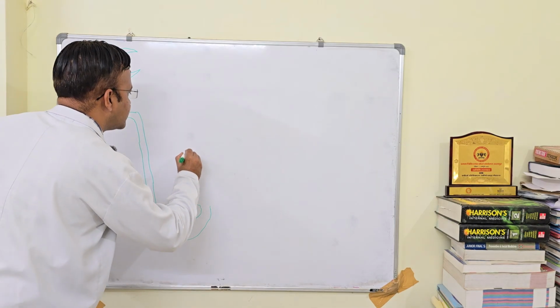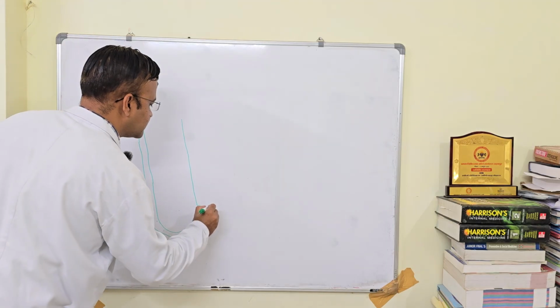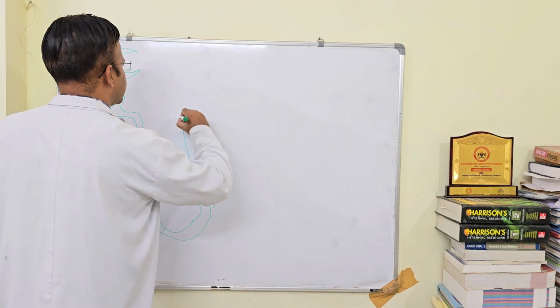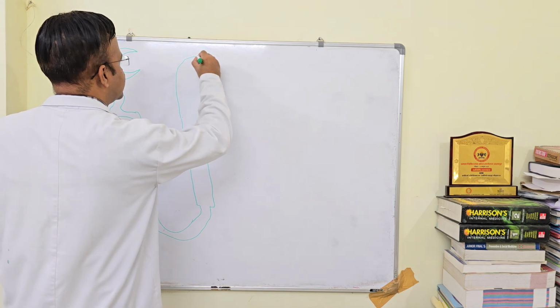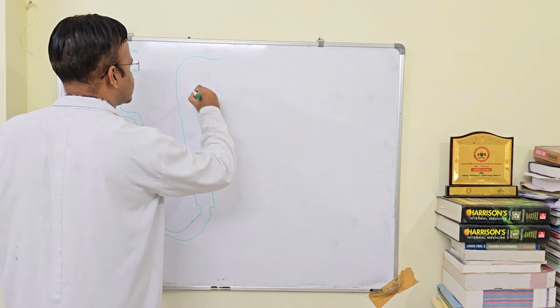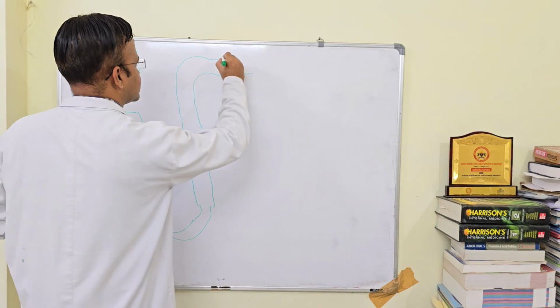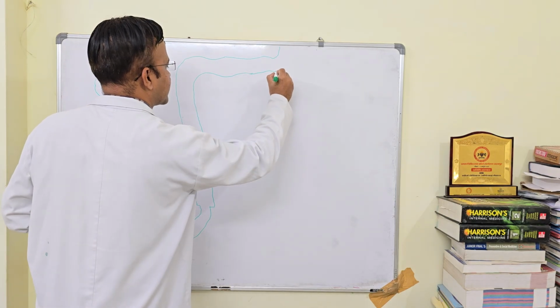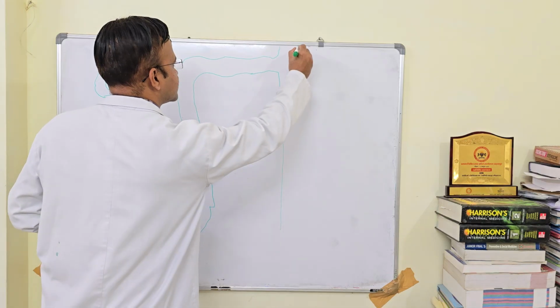After that we will draw our thick ascending limb. After that we will draw our DCT, right? And after that we will draw our collecting duct, right?